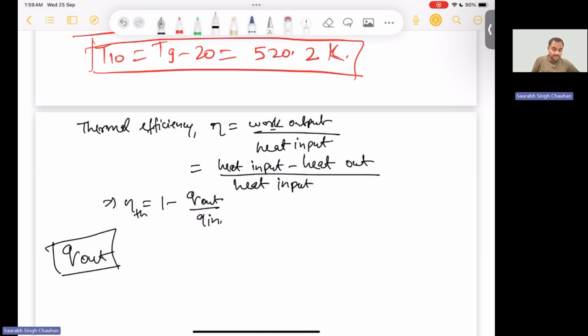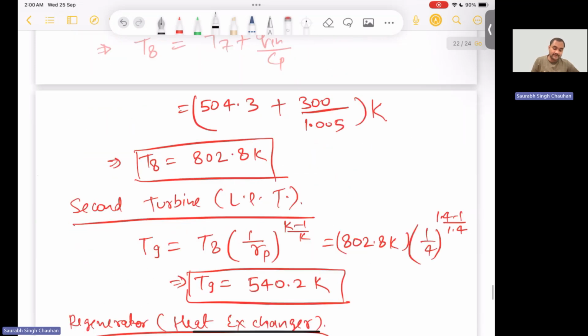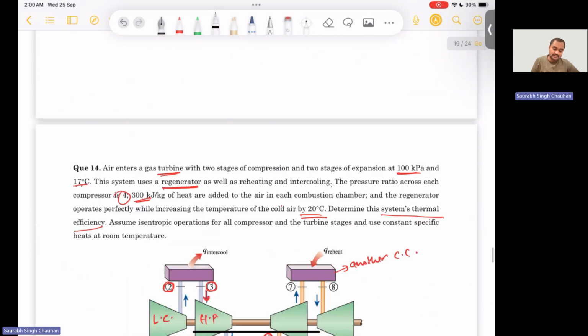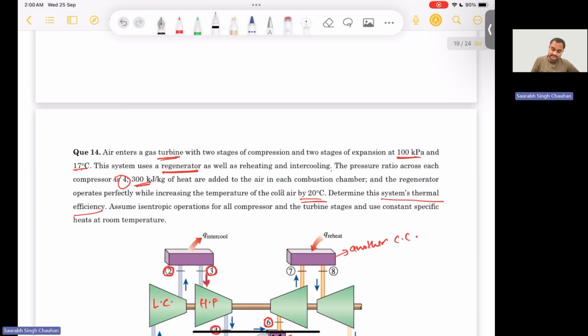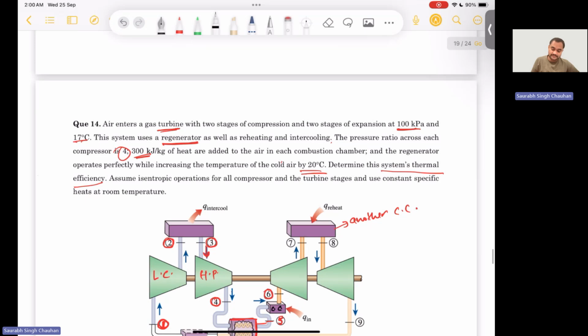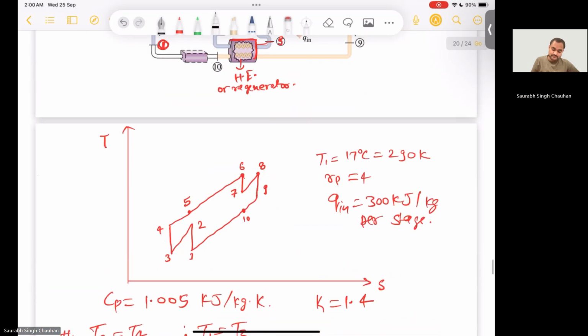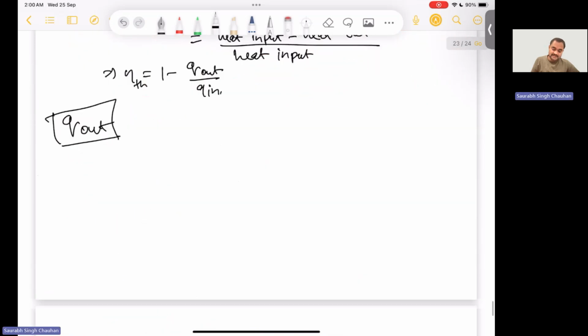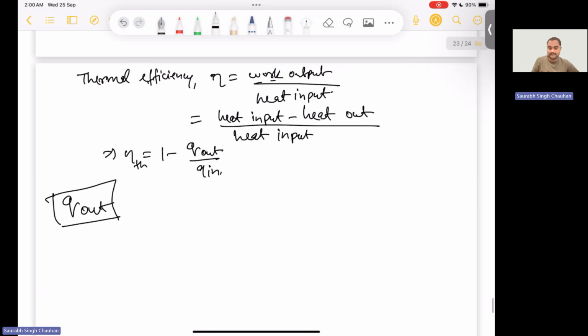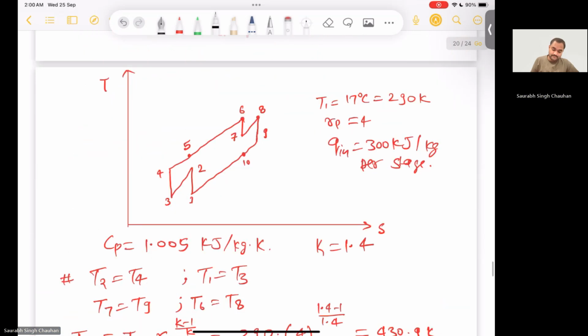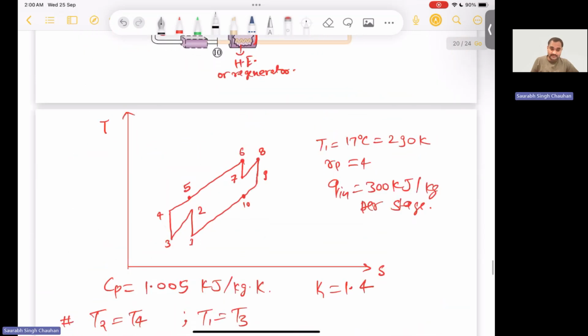First of all, some heat is rejected into the environment. If it is an open cycle, then you will throw the gases coming out from the regenerator into the environment. So one such heat rejection is after point 10, and another is 2 to 3, in the intercooler.